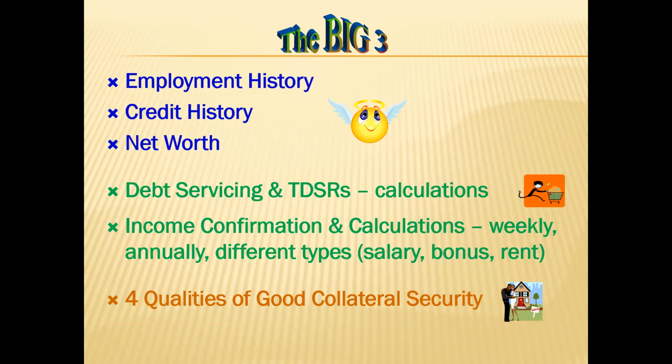Two key components of ability or capacity are debt servicing and debt service ratios or calculations, and income confirmations and calculations, whether they be weekly, annually, different types of salary, bonus, rent. If we were doing business loans, you'd be looking at the customer's financials. Then we looked at the four qualities of good collateral security.